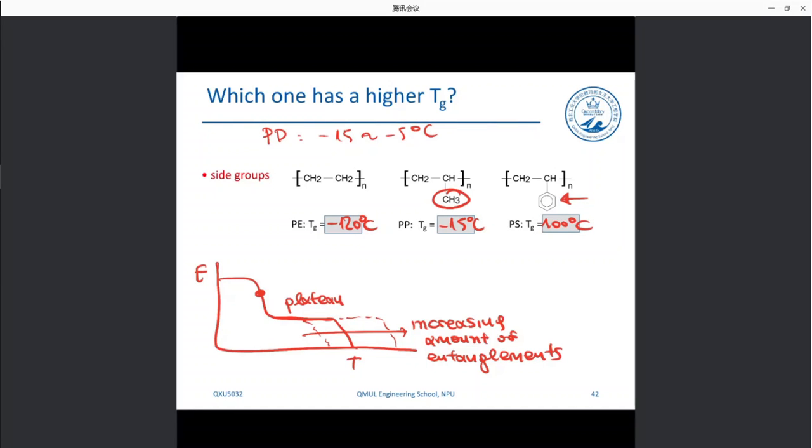And that is why we use polystyrene generally as a thermal insulator. Okay, it shows low thermal conductivity.